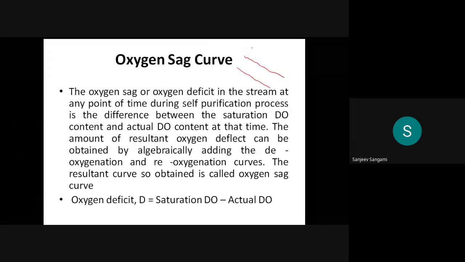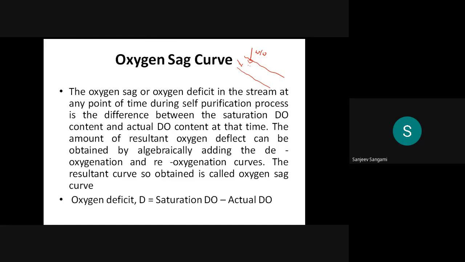Suppose the river is flowing like this, and the wastewater you are discharging at some point. So the flow direction is like this.